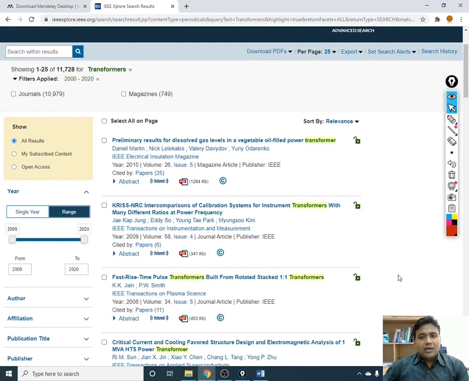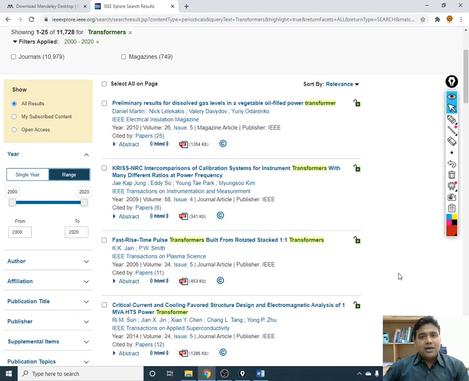Now there are different topics given to you in the search results, since you began your search on transformers, and you can see a lot of topics being shown.